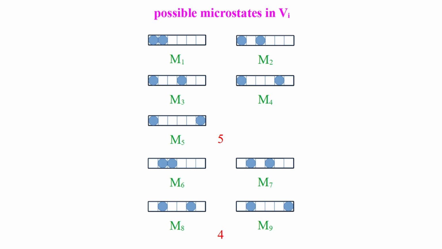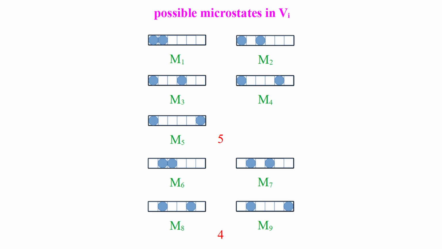Therefore, when we consider any given pair of cells, for example, the first and the second, it does not matter if particle 1 or 2 is in the first cell with the other in the second. The microstate is one and the same since the description in either case is the same, namely that the 2 particles are in the first 2 cells.